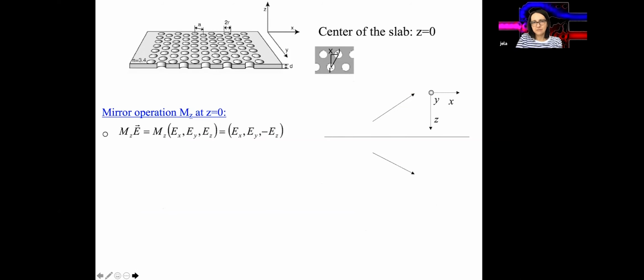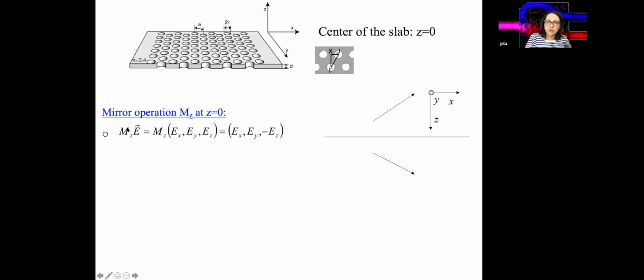What does that mean? This is how the mirror operation is defined, but it's basically obvious. If you have a vector and you have a mirror at the Z equal to 0 plane, the way this mirror would map a vector is as shown here, right?